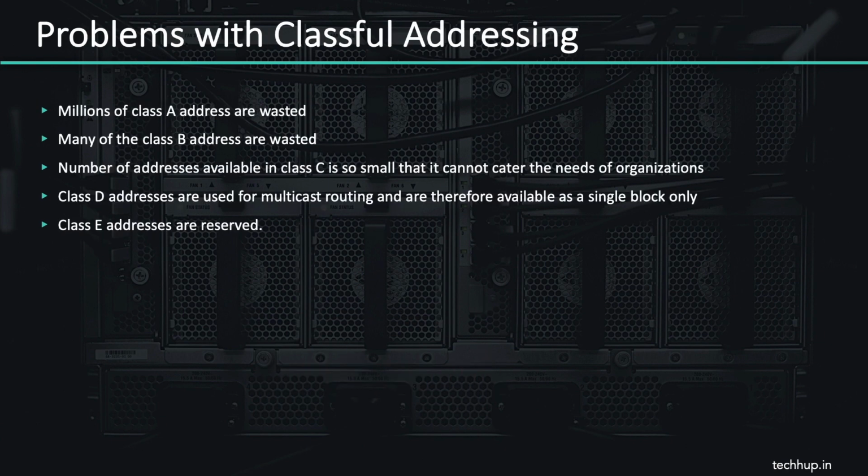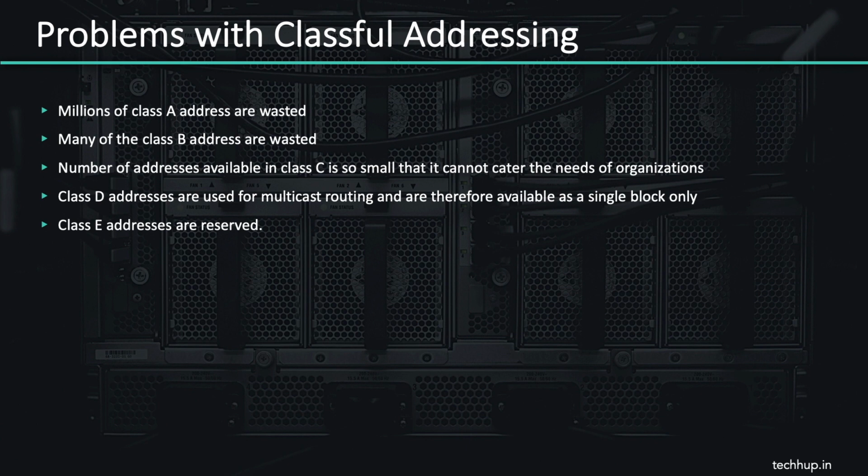Now, the problems with classful IP addressing are plenty. The problem with this method is that millions of Class A addresses are wasted. Many Class B addresses are wasted, whereas the number of addresses available in Class C is so small that it cannot cater to the needs of an organization.